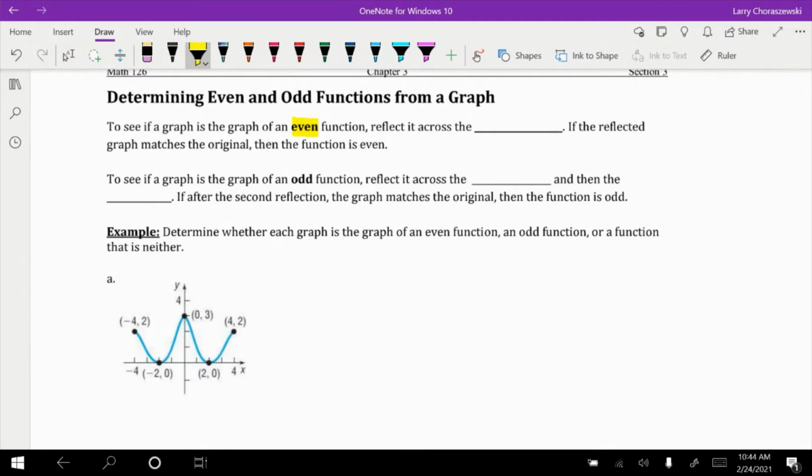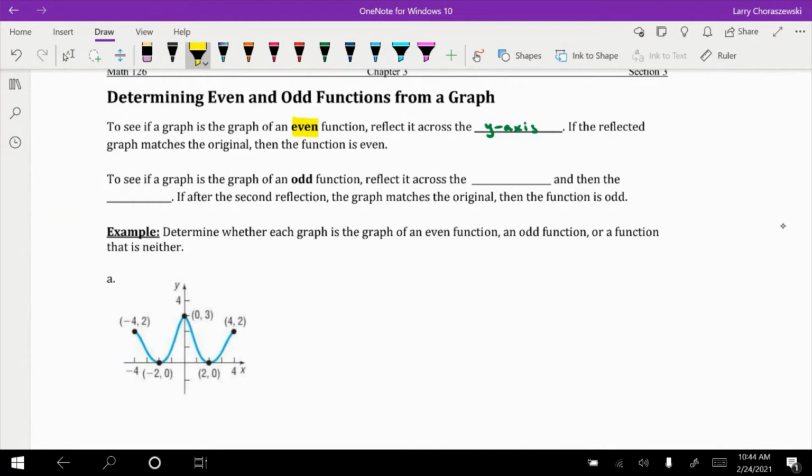But in the event that you don't have ordered pairs on your graph, you can do a reflection across the y-axis. And I'll show you how to do that as best as I can with some drawing. And if your graph matches up with the original version of the graph, then that can lead you to the conclusion that your function is even.